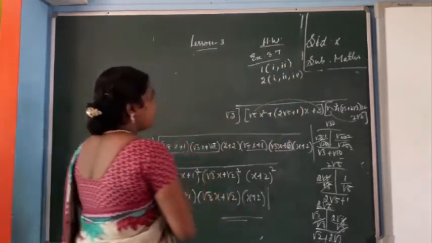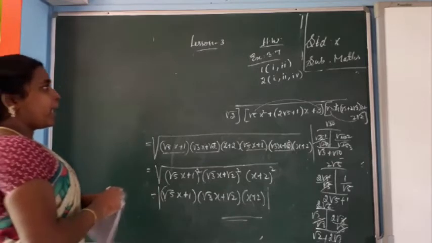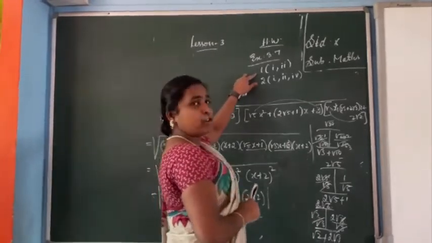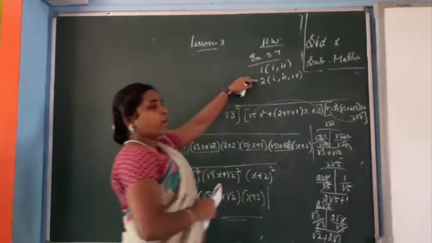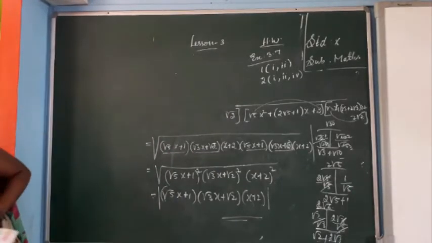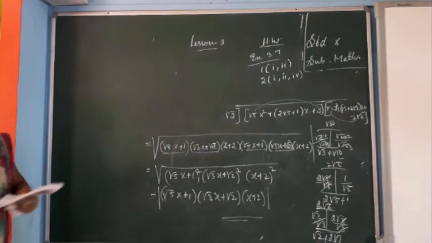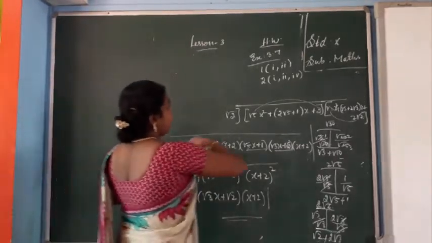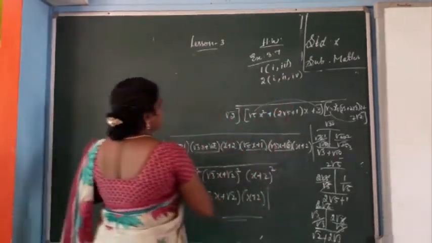The remaining problem I am going to do. Actually both are square root only. First one square root, second also square roots, and fractional numbers are there. That's why I am giving the explanation. Problems 1 and 3 are homework, okay, not 2.